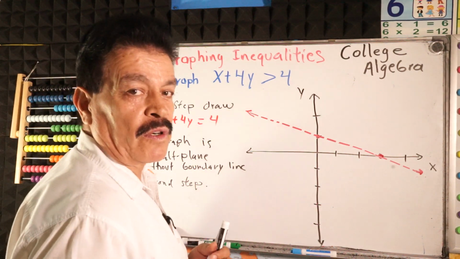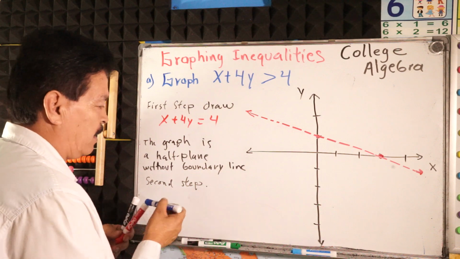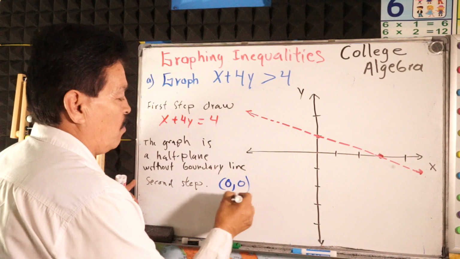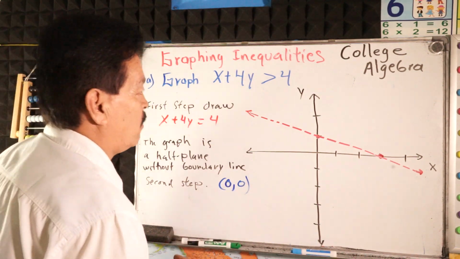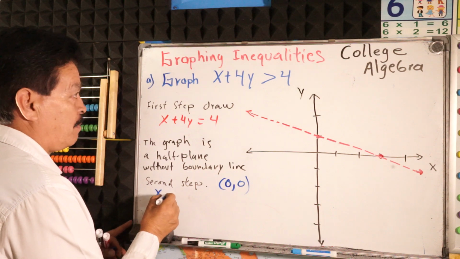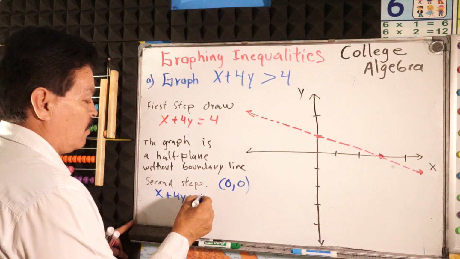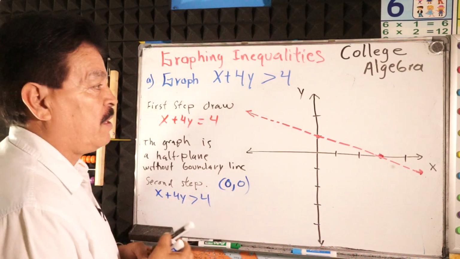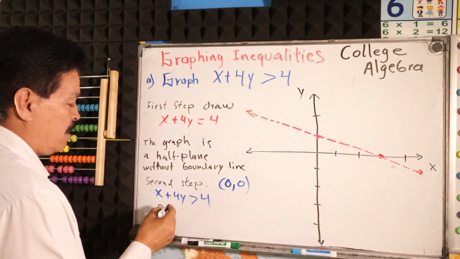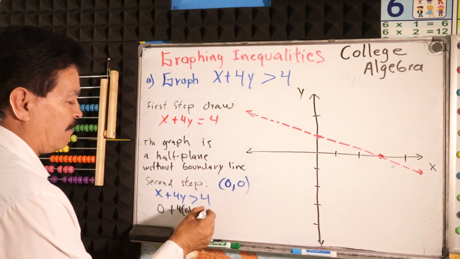Like I told you before, it's very useful to select 0, 0. Again, we will select 0, 0 to prove. Okay, 0, 0. And then use x plus 4y greater than 4. And then substitute in our inequality 0 plus 4 times 0 greater than 4.